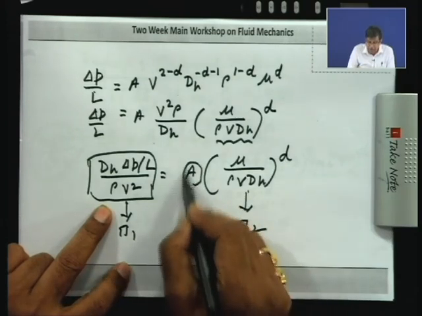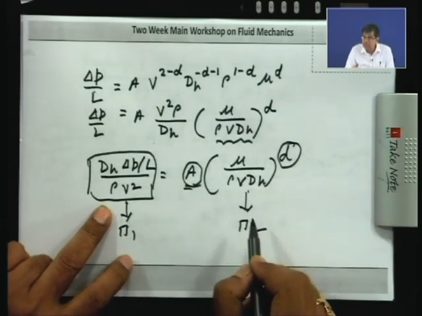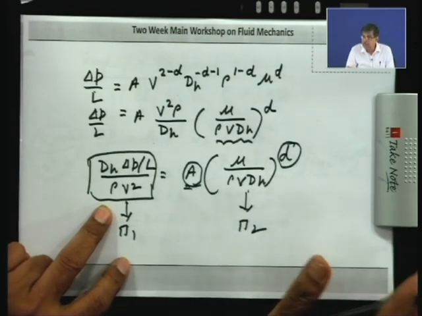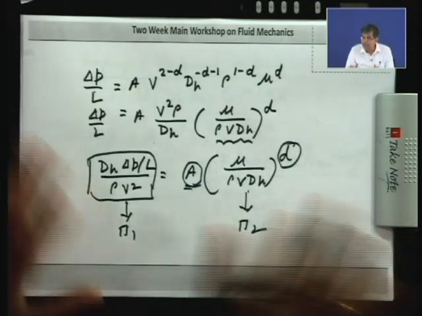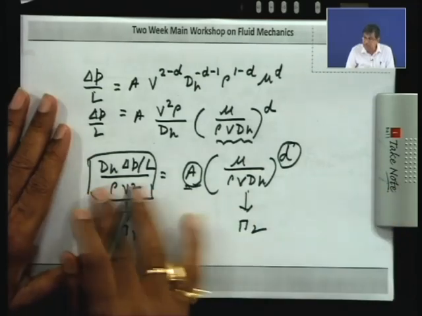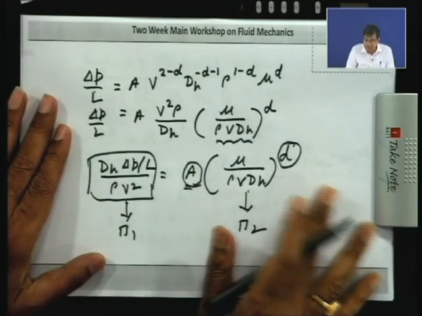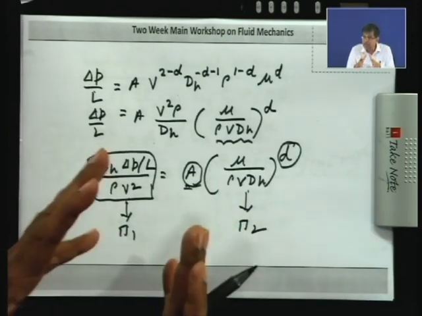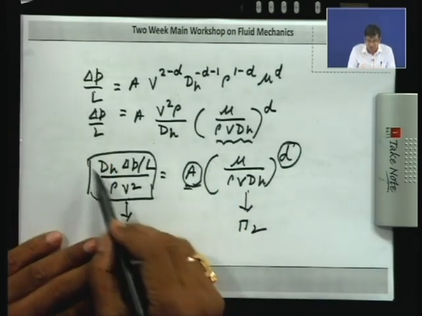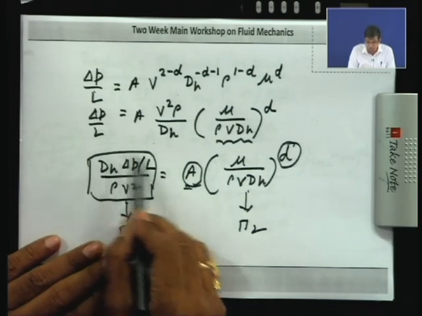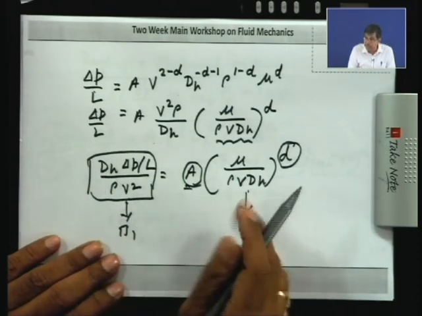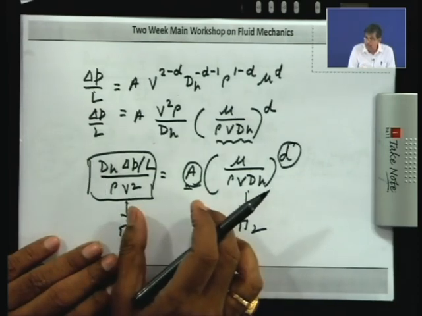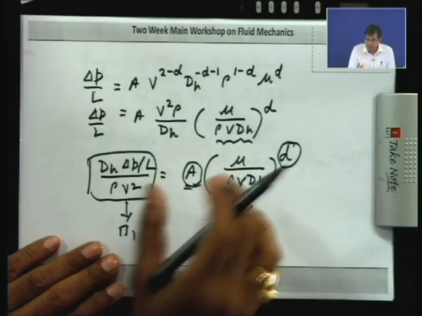But the value of A and D will be found from the experiments or theory of the particular problem. Buckingham's pi theorem will never tell the explicit relationship, only the implicit relationship. It only tells the number of pi terms and what the pi terms should be, what should be the clubbing or the grouping of the terms to define the pi terms, the reduced number which define the problem.